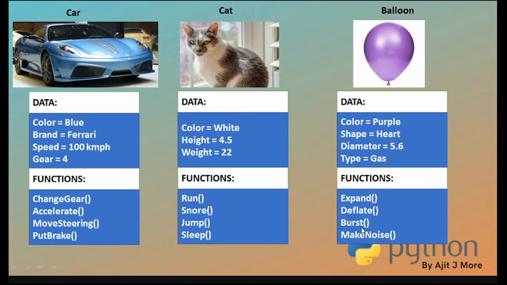And do these all behaviors modify this characteristic? Yes. When it is expanding, that is you're filling the air in it, is the diameter changing? Yes. Okay. When it bursts, we put a pin on it, again the diameter gets reduced to 0. Sometimes the color may also change. Initially it is dark red, but as it expands, the color becomes lighter. Okay.